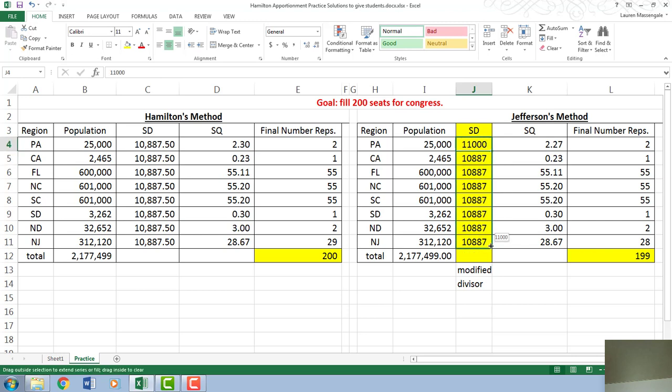If the standard divisor were 11,000 people, would this be 200? Nope, I went down to 196. Well, let me try, what did I have before? Like 10,800 something. Let me try 10,900. Again, I'm just pulling stuff out of my hat. I'm starting with 10,887 as my base, but then I'm just fiddling around with this number until this guy's 200. I'm not quite 200 yet.